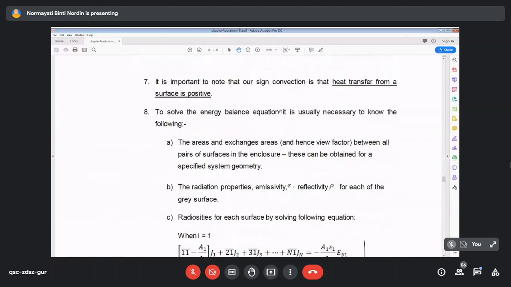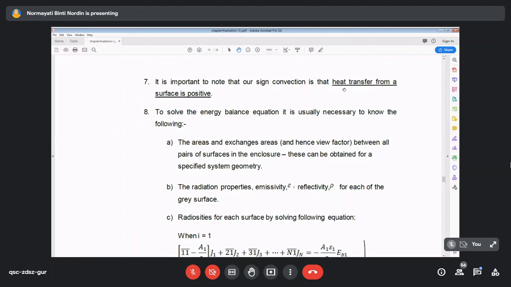And then it is also important that when you obtain the heat transfer rate value with a positive sign, it tells that the heat transfer is from that surface. If it is positive, it is from that surface.